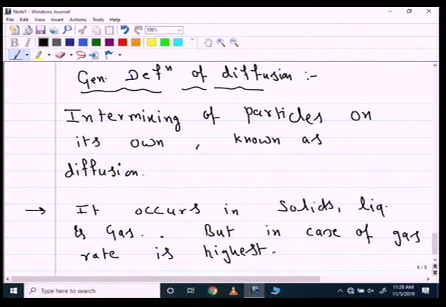It means it is the fastest process that we can observe when we talk about diffusion in gases, because particles are very free to move. Copied?